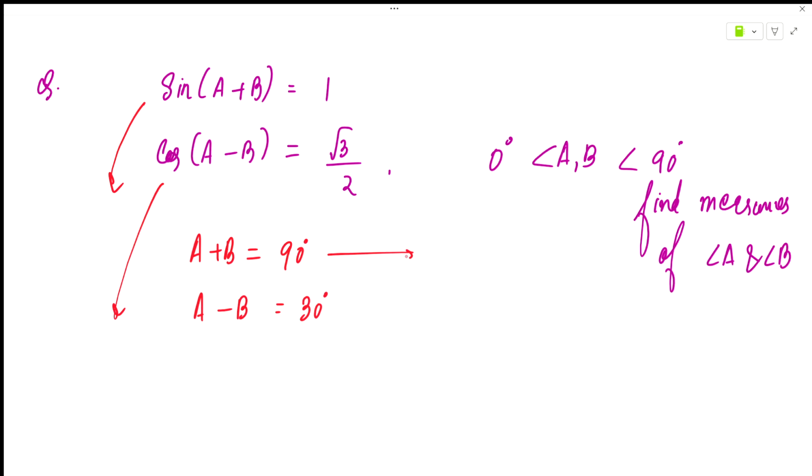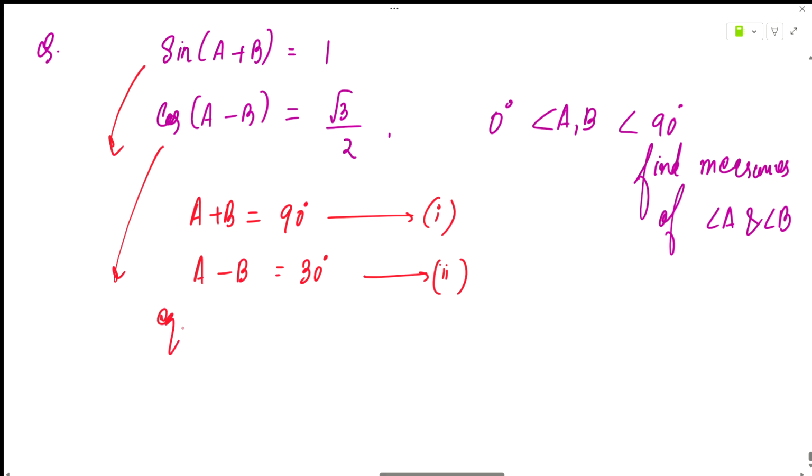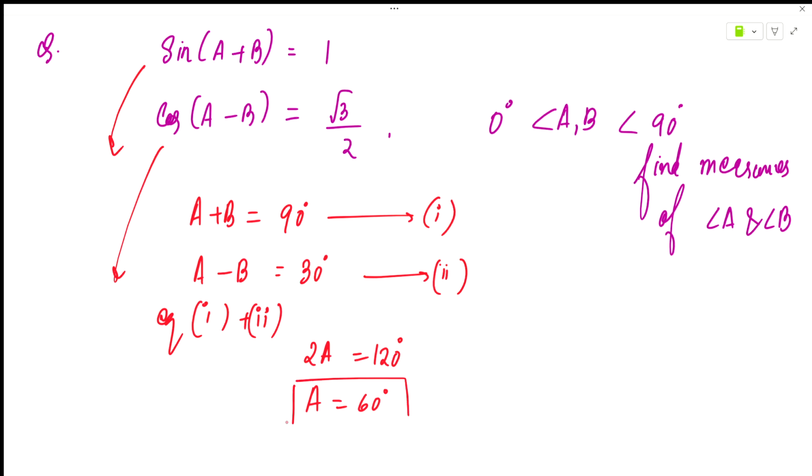Now you have your chapter in class 10, linear equation in two variable. So if you simply add equation 1 and 2, we will have 2A is equal to 120 degree, which gives me A equal to 60 degree, right?